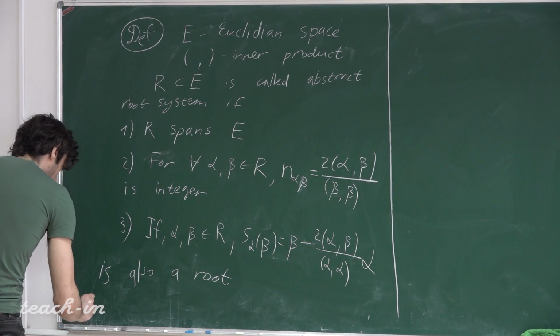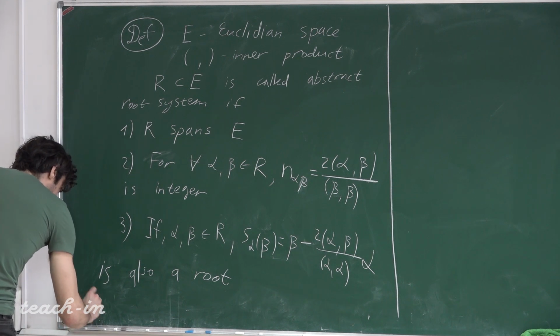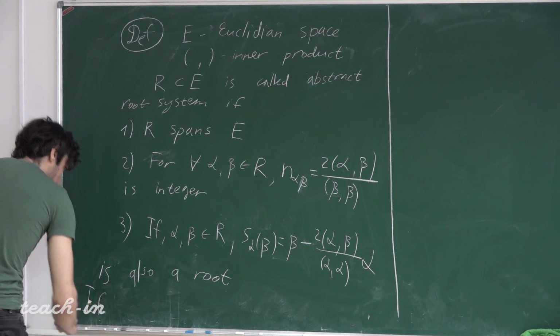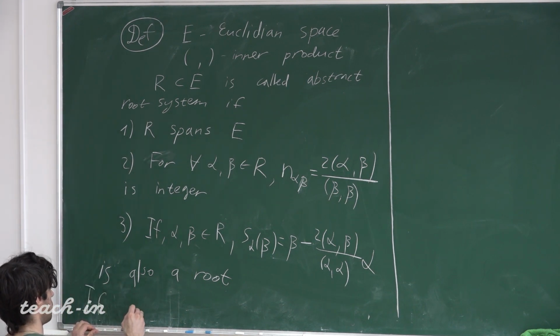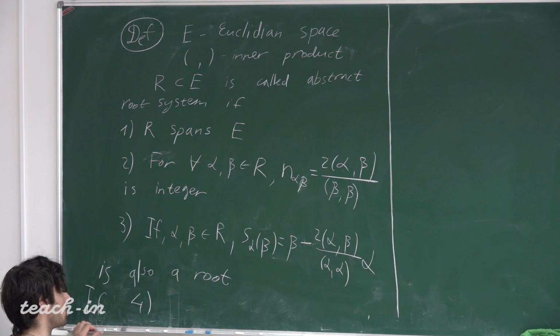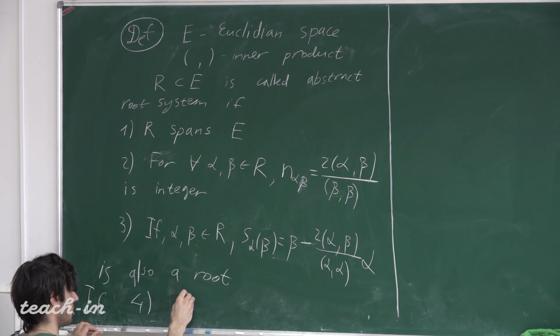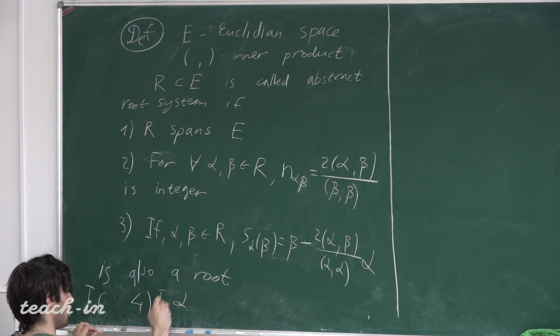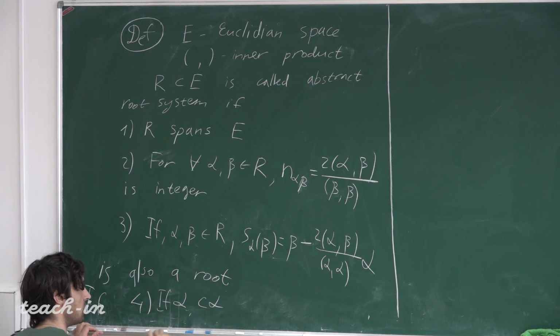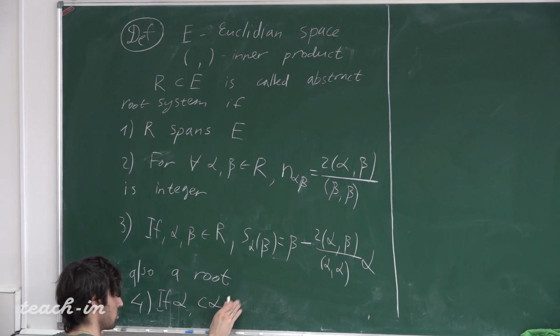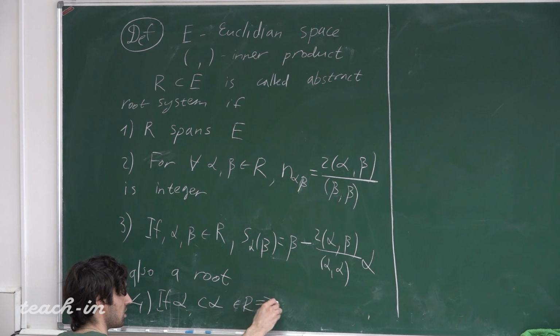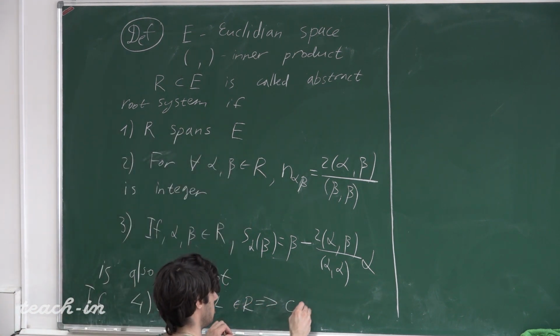And if additionally we have 4, which says that if alpha and C alpha are roots, then C is plus minus 1.